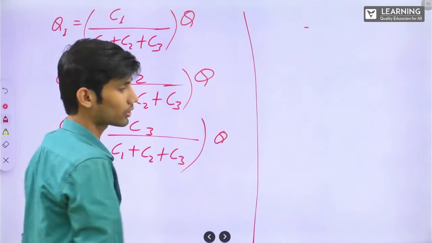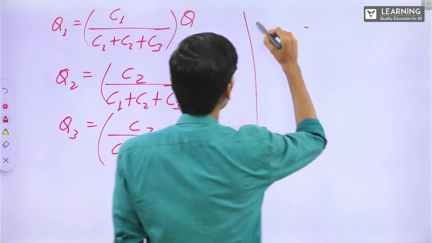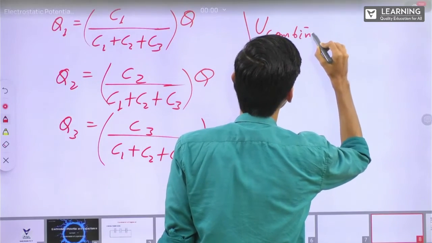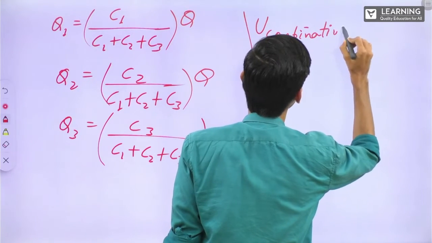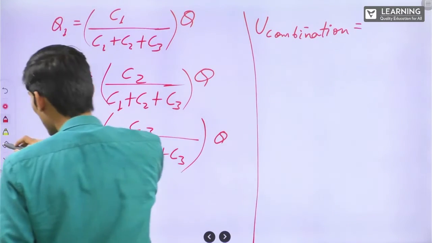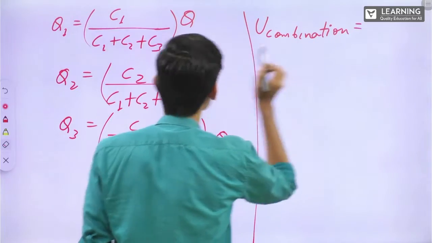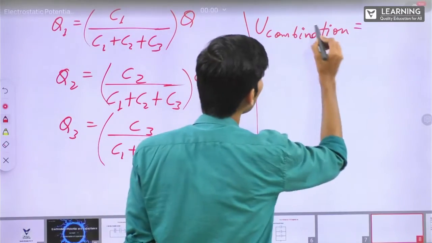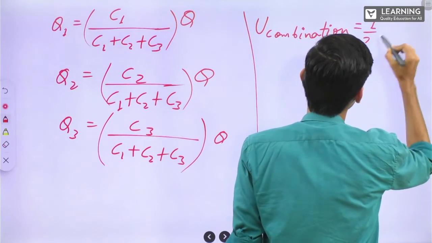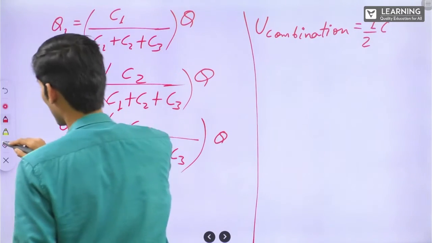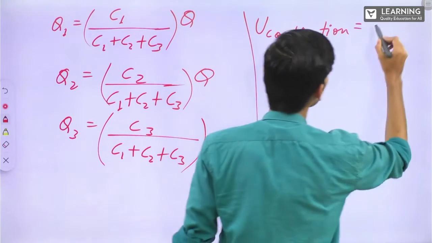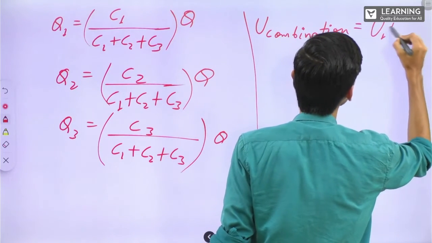Then potential energy of the combination. Potential energy is stored in all the capacitors in the combination. That will be U1 plus U2 plus U3.